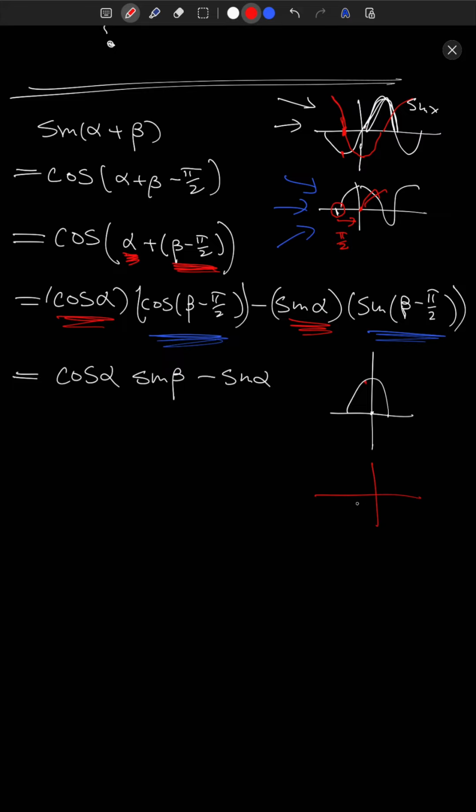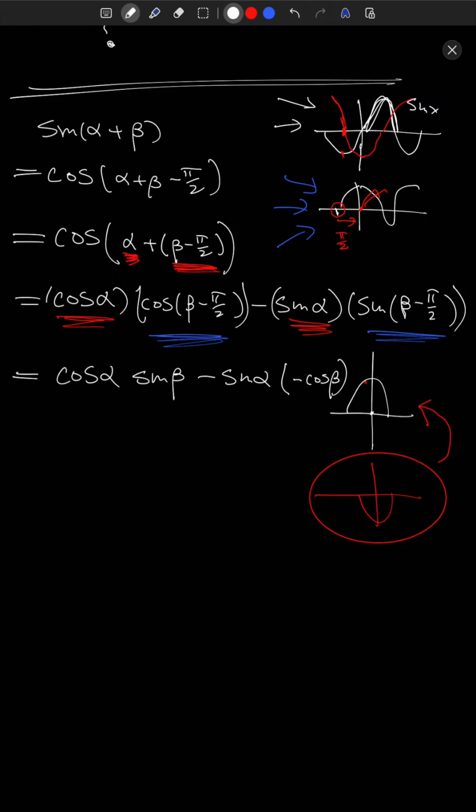So it's directly upside down, flipped across the x-axis. And so what that means is this sine beta minus pi over 2, which is this graph down here, is the same as the cosine graph up there, except flipped upside down, which means it's the negative of the cosine graph. So this is actually times minus cosine of beta.